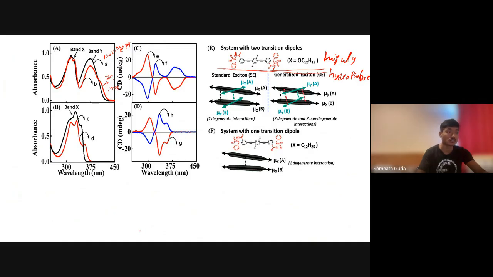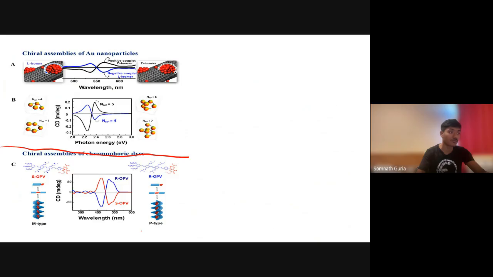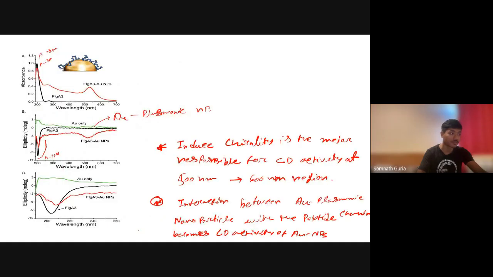Then we followed up on how aggregation can induce another kind of chirality, making it CD active in a particular absorption wavelength region.